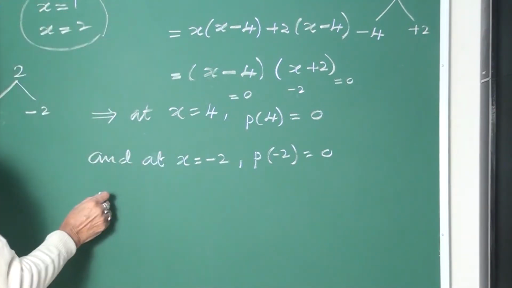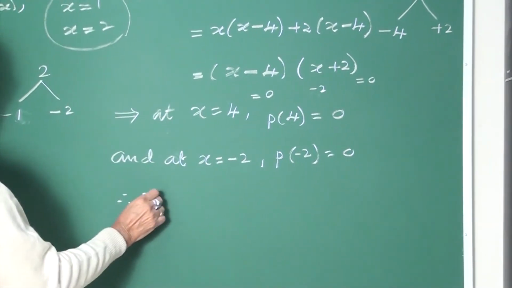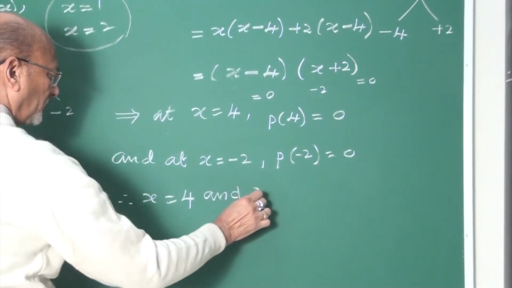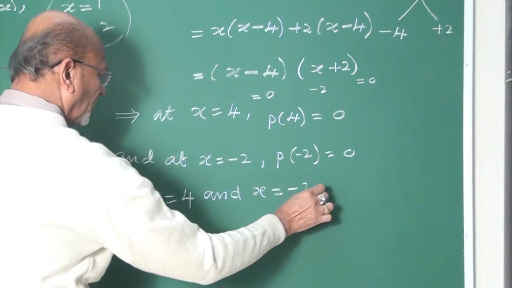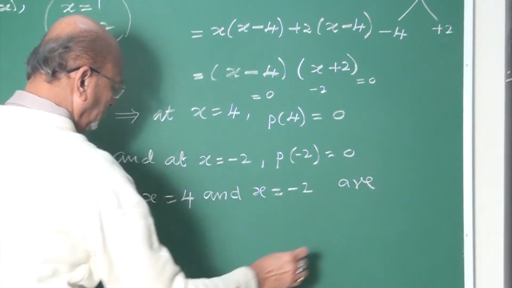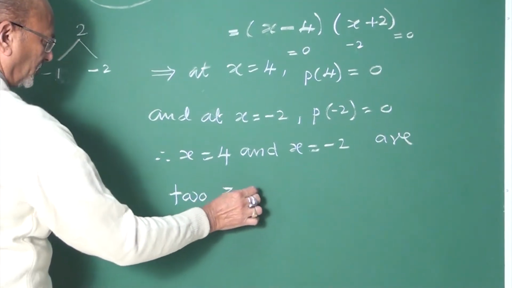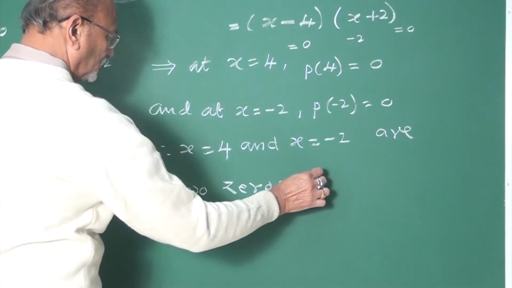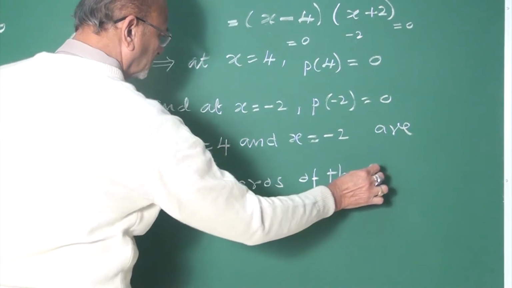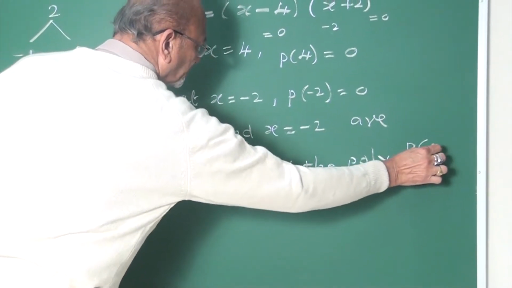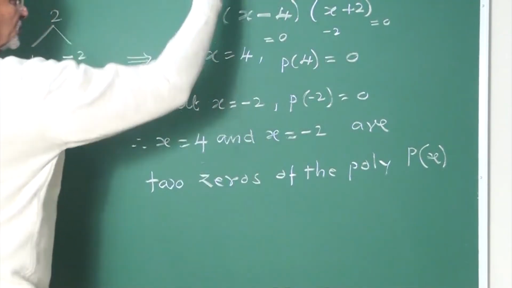Therefore, from this it is clear that x equal to 4 and x equal to minus 2 are two zeros of the polynomial. This is the given polynomial p(x) equal to this.